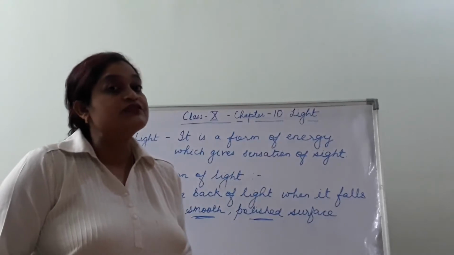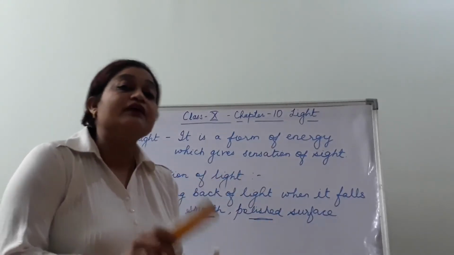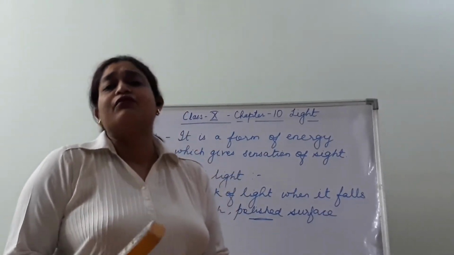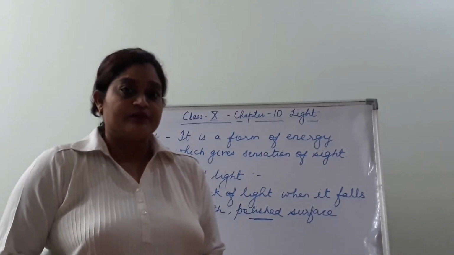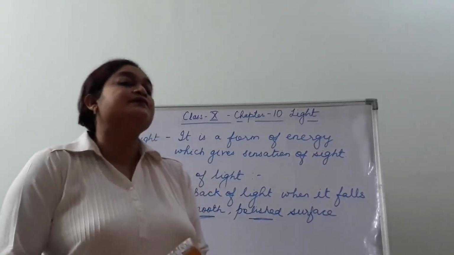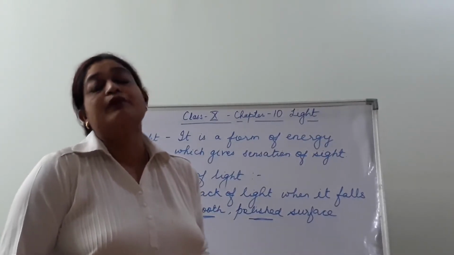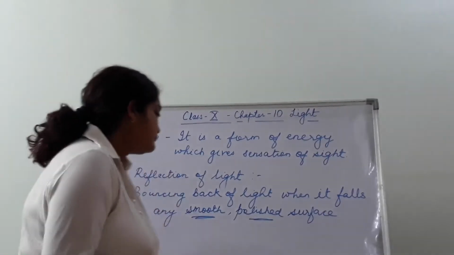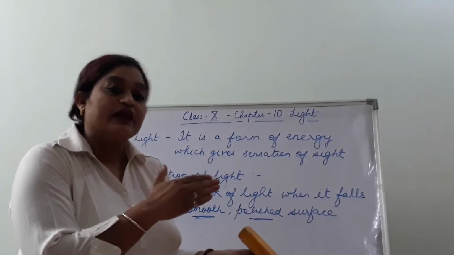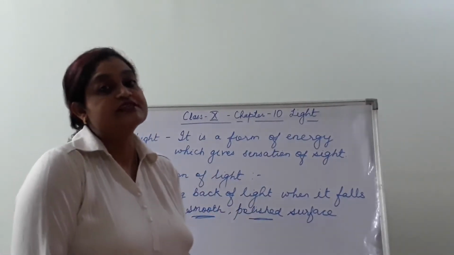We are not able to see our image on this board. A mirror is capable of reflecting about 99% of the light rays falling on it. The rest, about 1%, is absorbed by the surface. So, reflection of light, I will repeat, is bouncing back of light when it falls on any smooth polished surface just like a mirror.